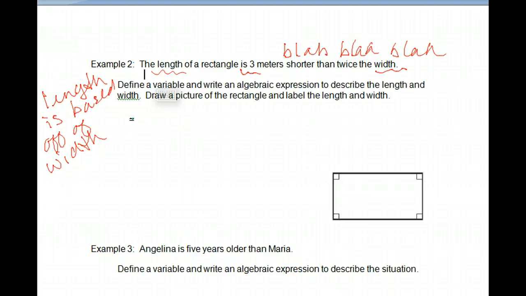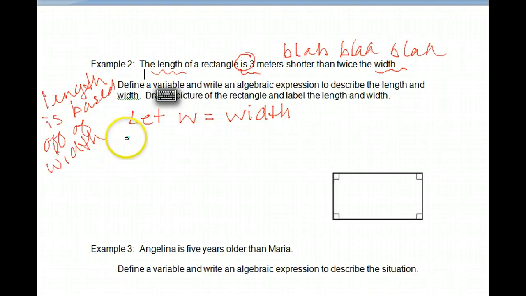I'm not even worried about all of that other stuff right now because it's telling me that length is based off of width because it's giving me a ton of information with relationship to the width. So I'm going to automatically start by writing my let statement to say let W equal the width.